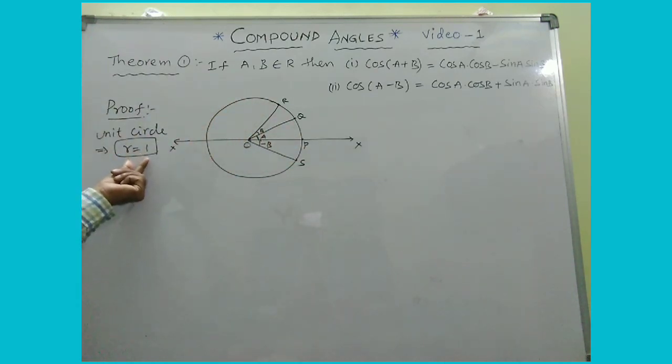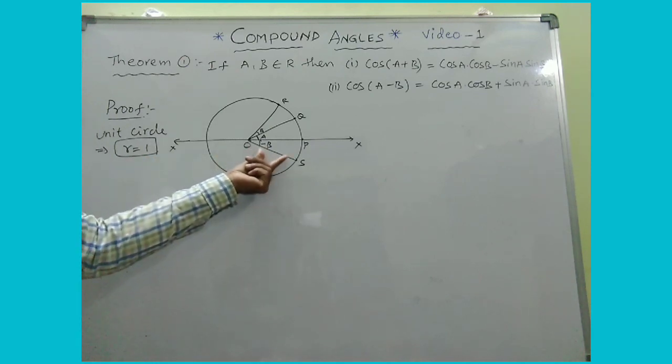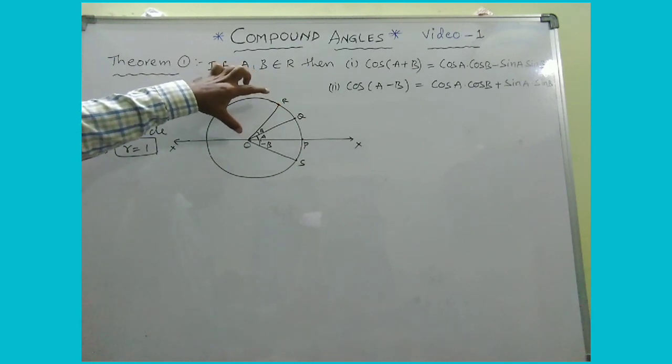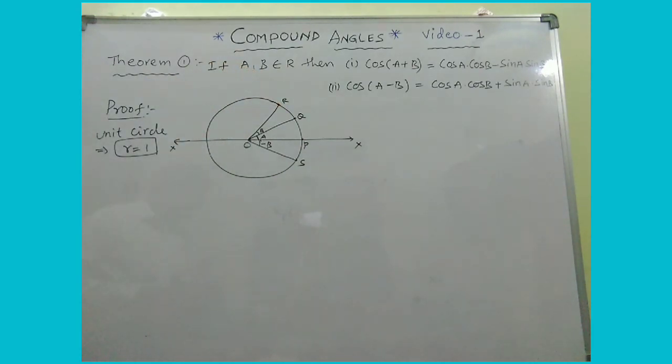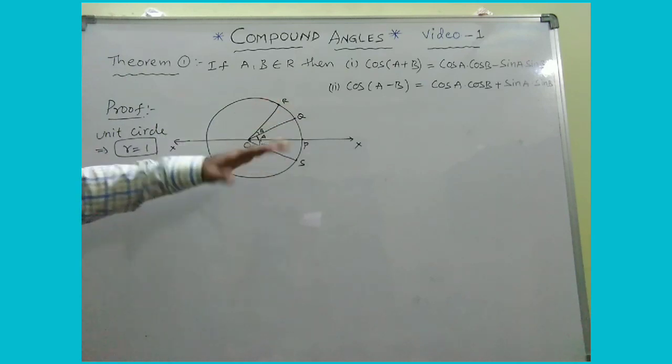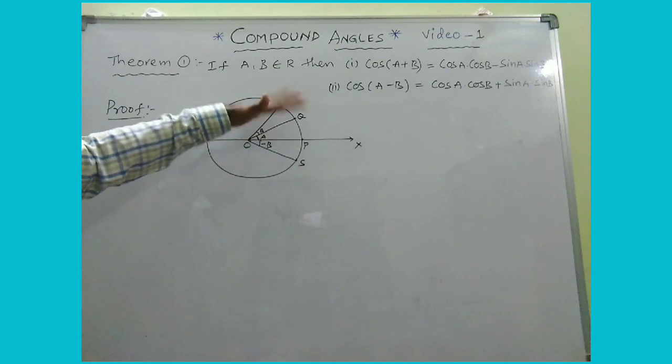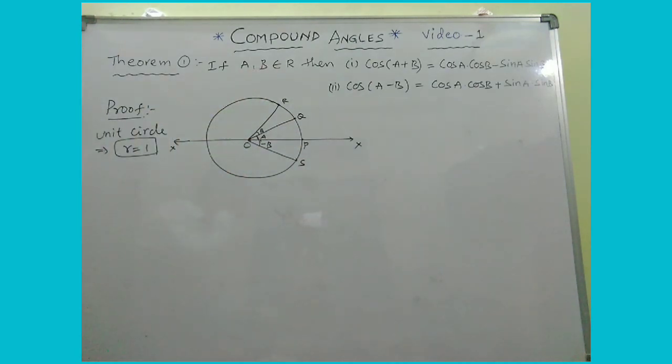Because the radius is 1 unit, OS is 1 unit, OP is 1 unit, OQ is 1 unit, and even OR is 1 unit. Let the terminal sides of angles A plus B, comma, minus B in standard position cut the circle at Q, R, S respectively. These are the terminal sides, isn't it?